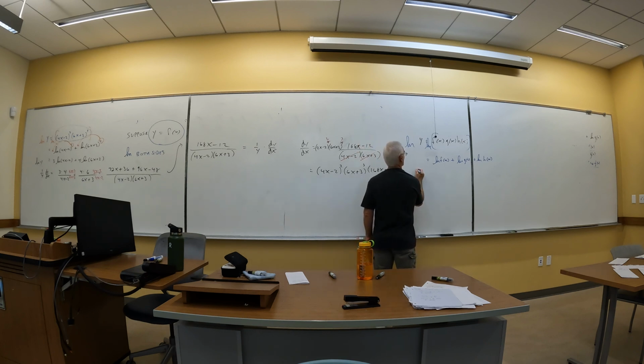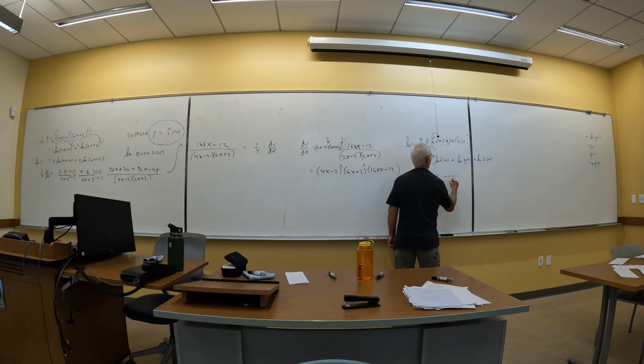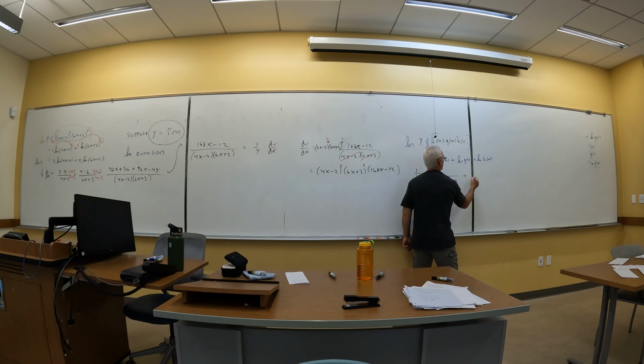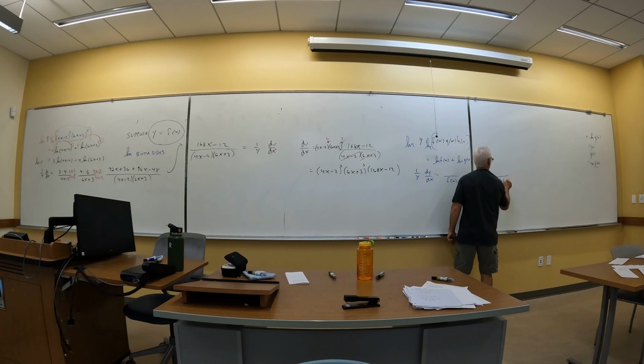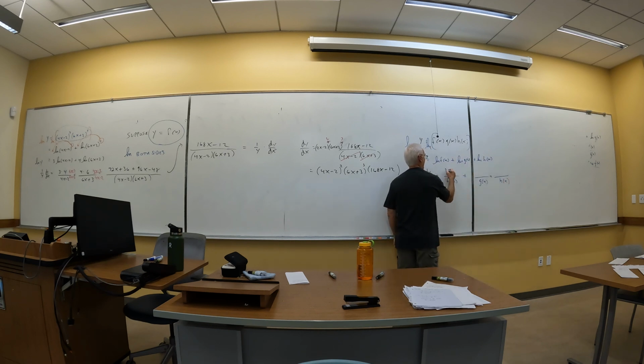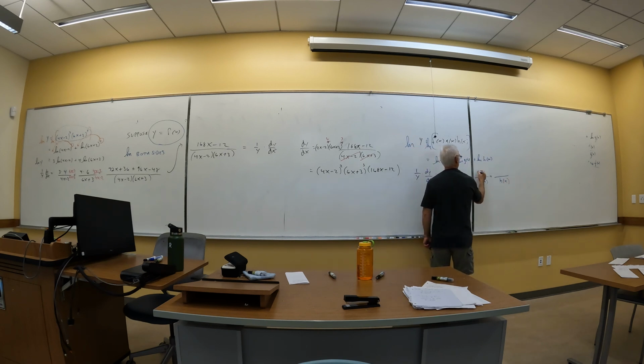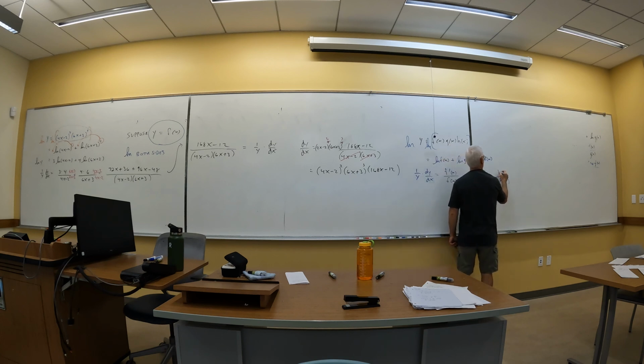So when I differentiate both sides, I d dx both sides. There's my left side, like always. But what's my right side? What goes here? F prime. Here, g prime. Here, h prime.